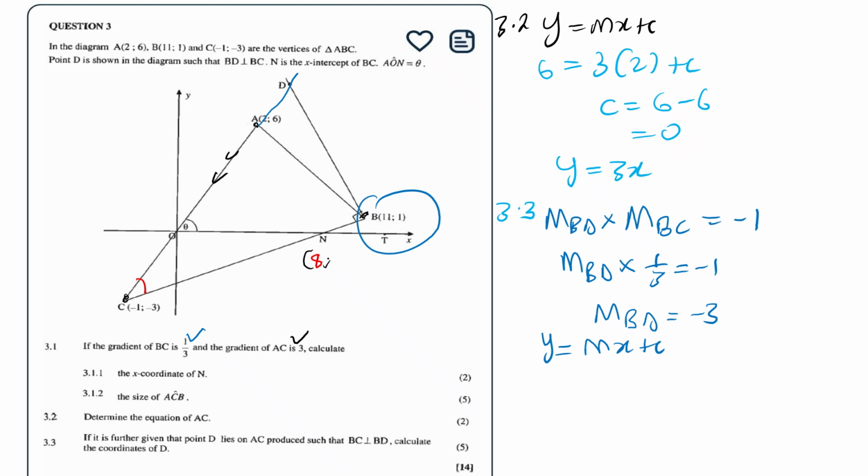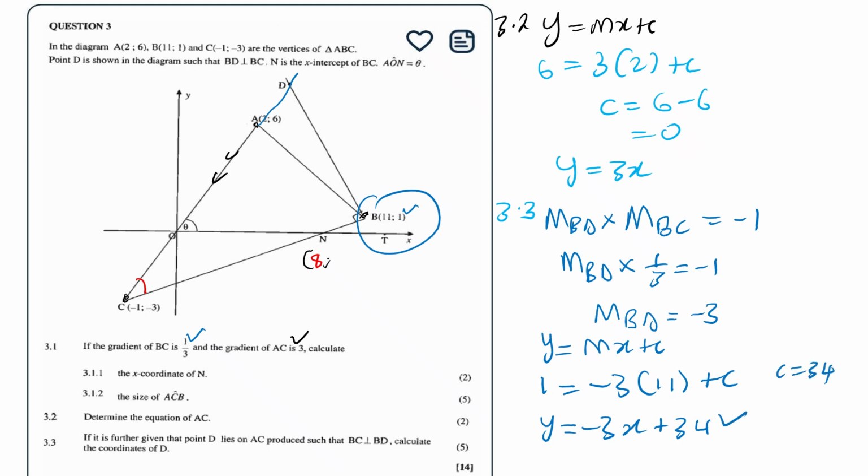So y is 1, the gradient is -3, and x is 11, plus c. Therefore, c is equal to 34, so y is equal to -3x plus 34.